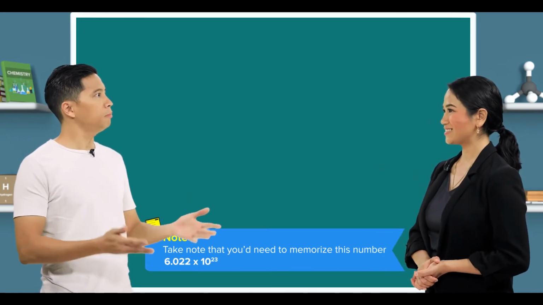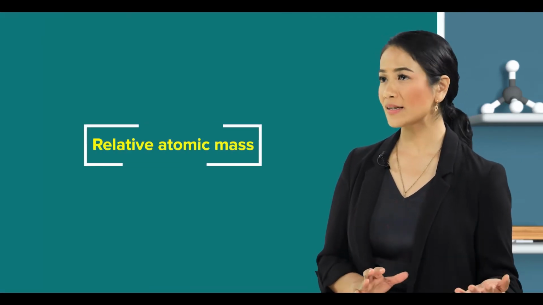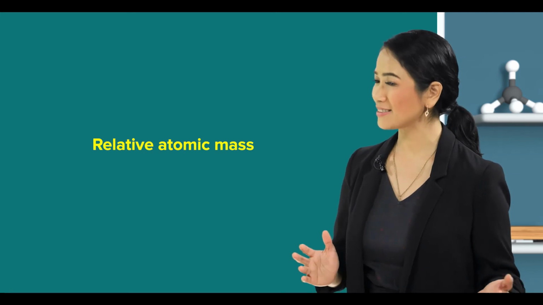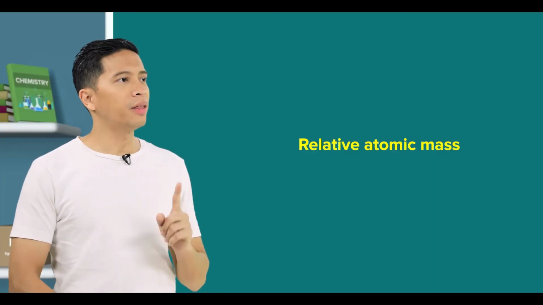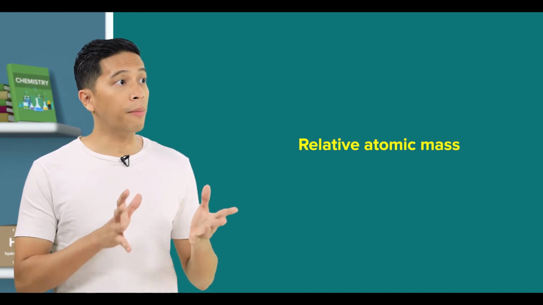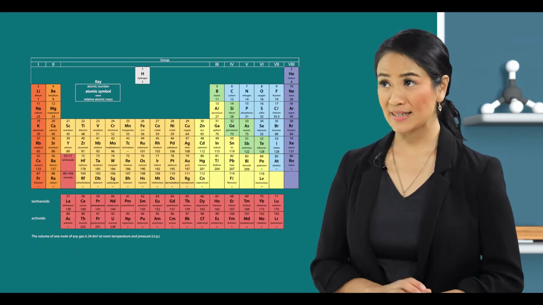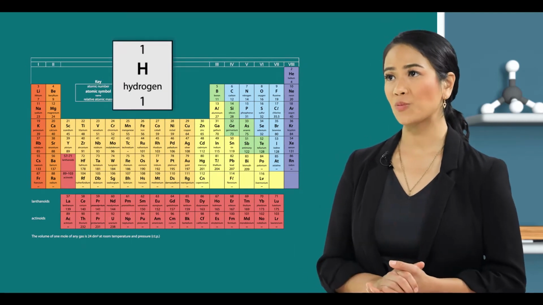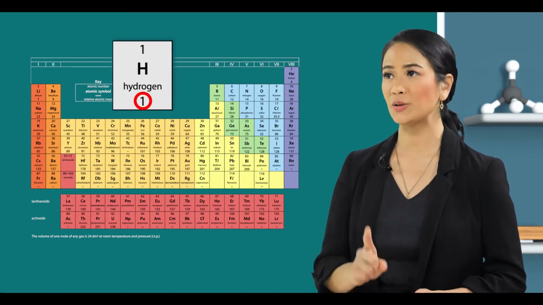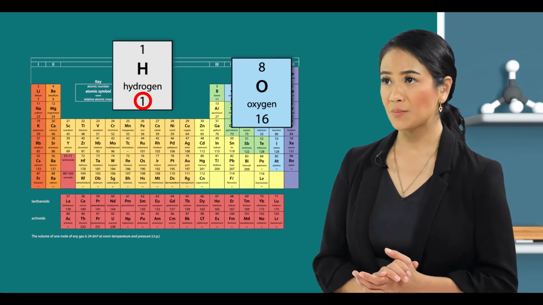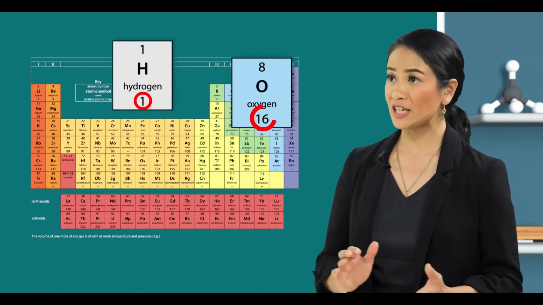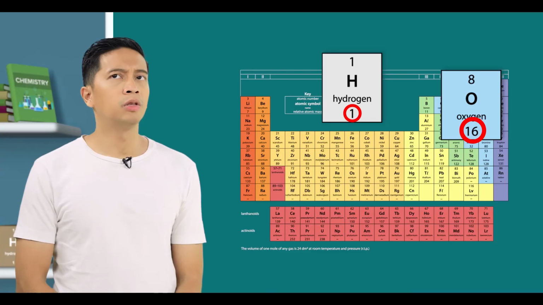Oh, okay. Remember our previous lesson, we talked about the relative atomic mass of an element? Yes. That's just the larger number of the element in the periodic table. That's right. So on the scale, a hydrogen atom would have a mass of 1 unit, and an oxygen atom would have a mass of 16 units. Remember?